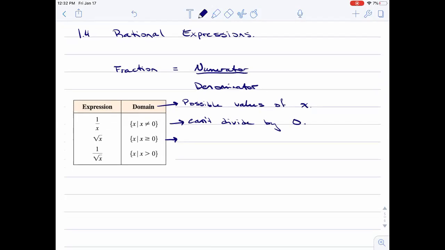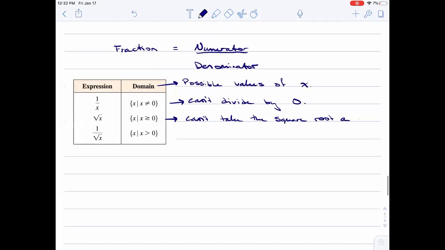We can't take the square root of a negative number.